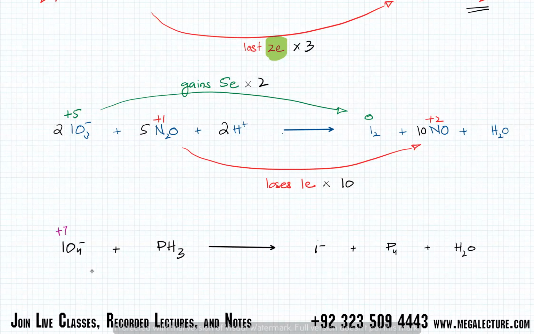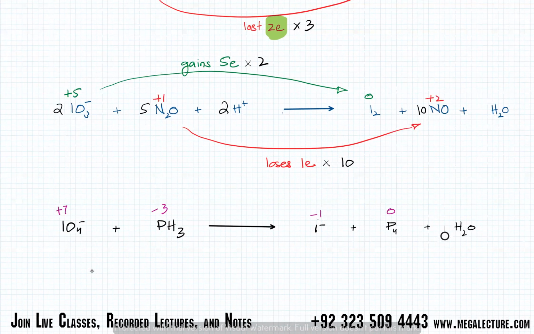And P, I think, is -3. I is obviously -1 and P is 0 over here. That's it. Let me just double check. Have I done this equation correctly, right? Achha, I goes from +7 to -1, okay, that's fine.